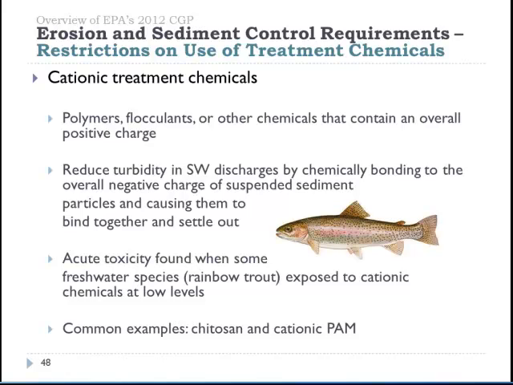The issue is also that where the chemical is released in some residual form into the aquatic environment, it has a very strong affinity to fish gills. And so studies have showed that rainbow trout are affected at low levels of these chemicals, and therefore, for that reason, EPA was concerned, not only in the proposed permit but in the final permit, with how to handle the use of these chemicals.